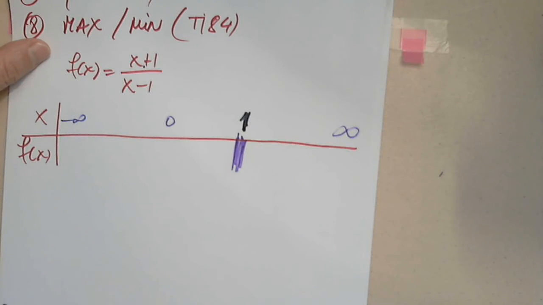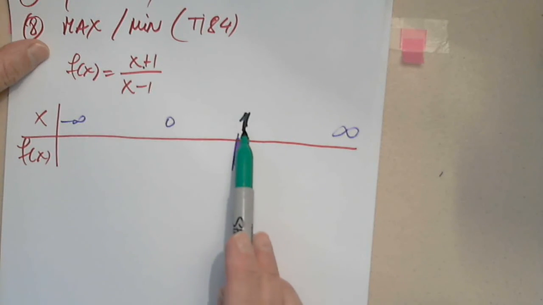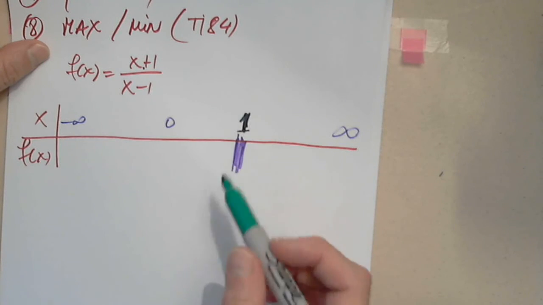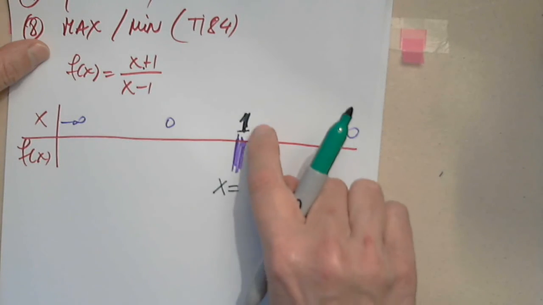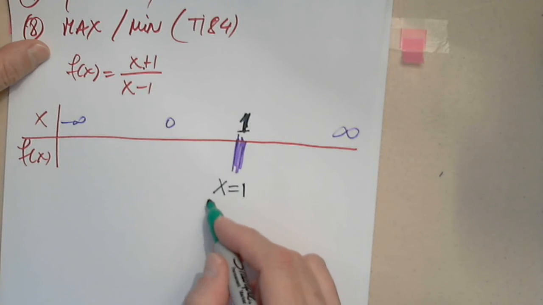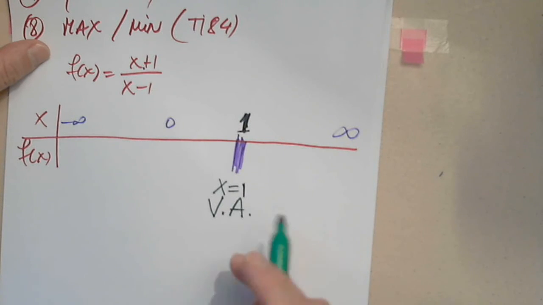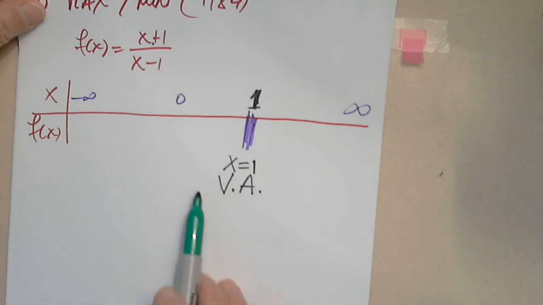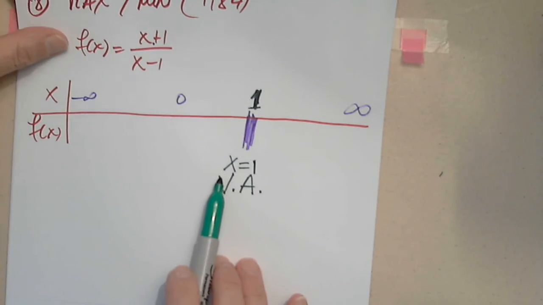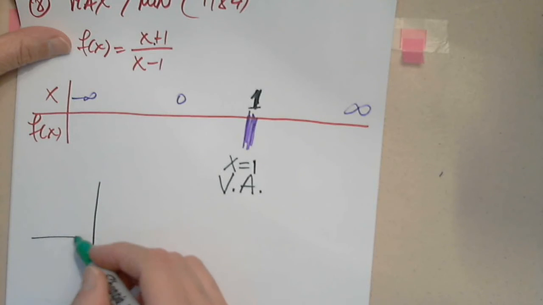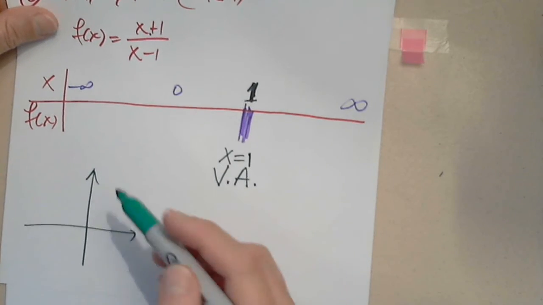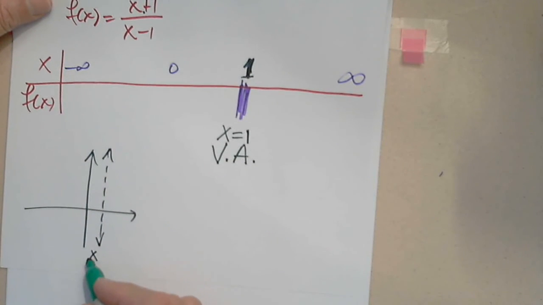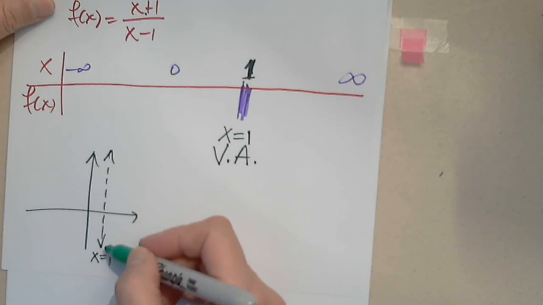But for now, when a rational function is undefined at an x value, x equals this number is a vertical asymptote. Let's explain the concept. At x equals 1, there is a vertical line called a vertical asymptote.